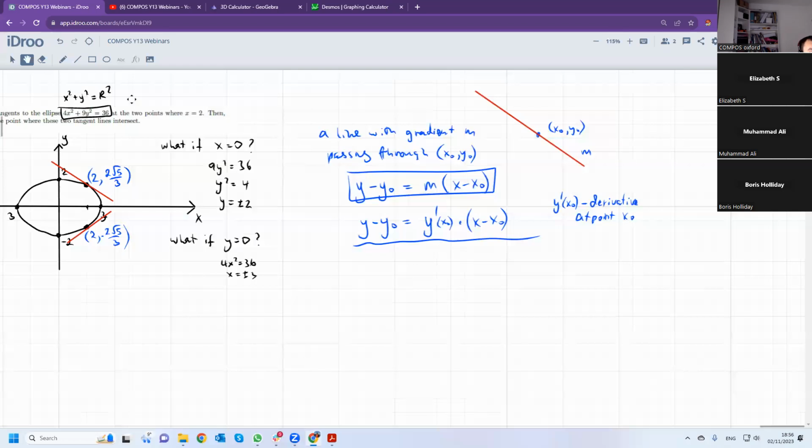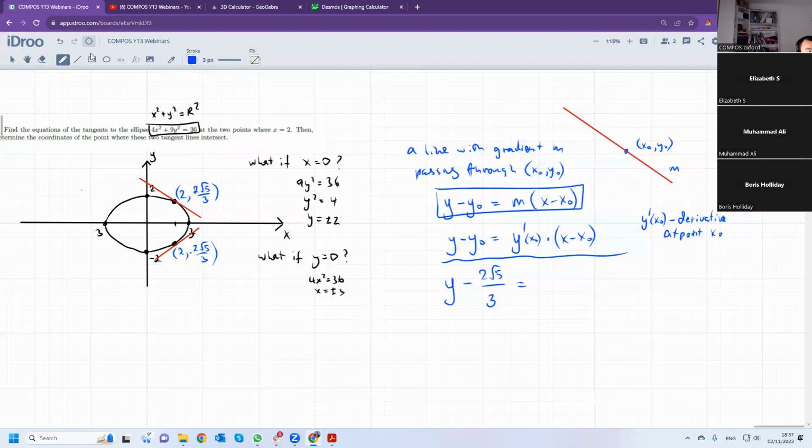Right, so we substitute that. So y minus y0, so that's 2 square root of 5 divided by 3 equals the derivative. Now you need to find the derivative, of course. So for the derivative, you're going to use the same method: 4x squared plus 9y squared, prime, equals 36, prime. So there's going to be 8x plus 18y y prime equals 0.